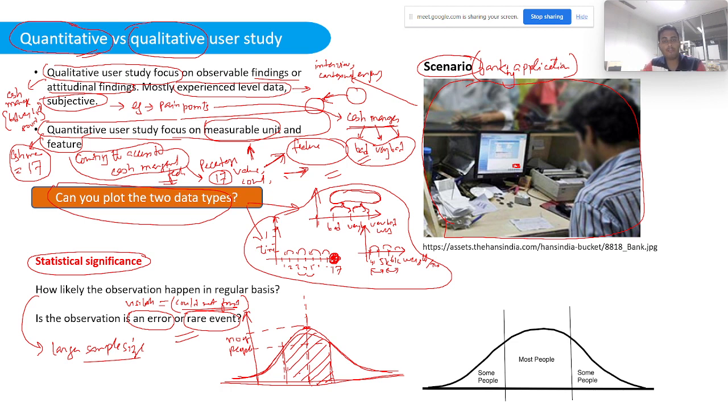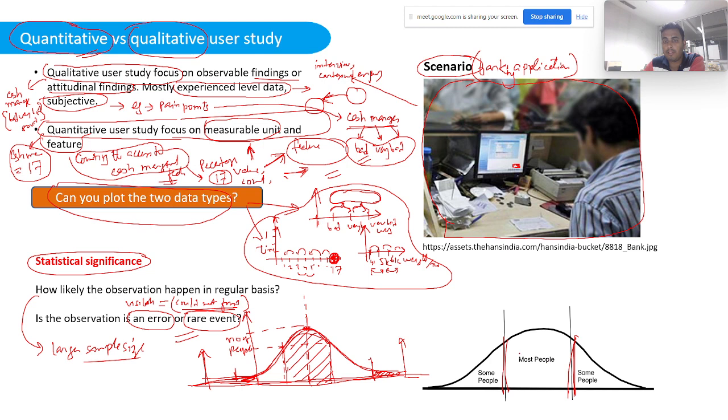However, when there's a rare event, we will probably have a very small number of the population, or number of events which happen in this scenario. That means if this incident happens on a regular basis, the frequency or the count of that occurrence falls in this interval.